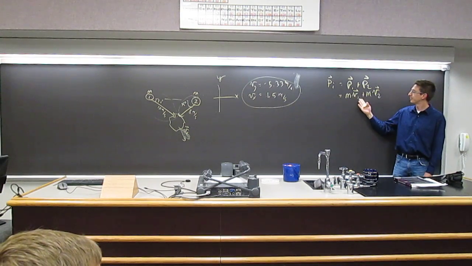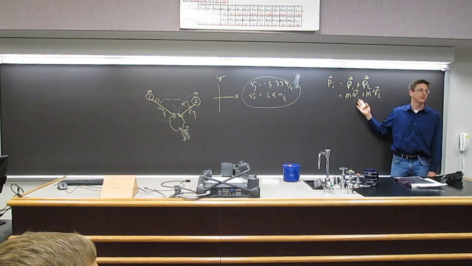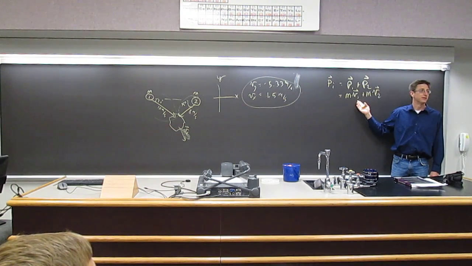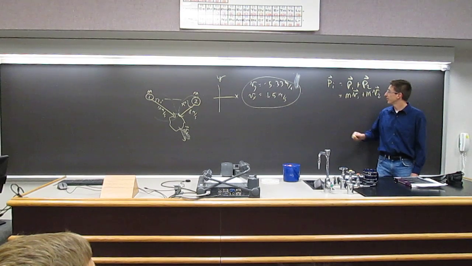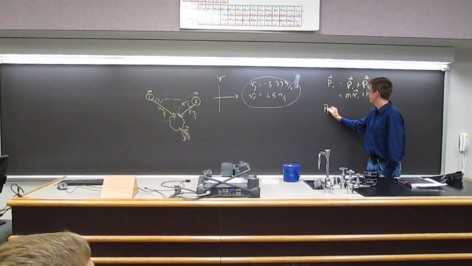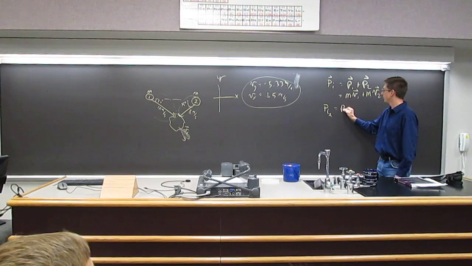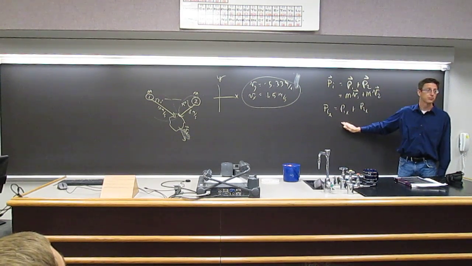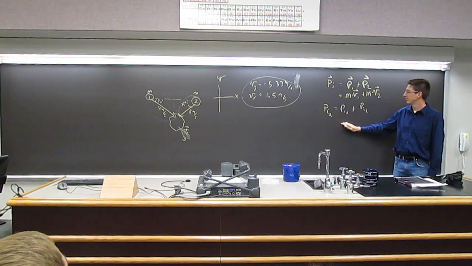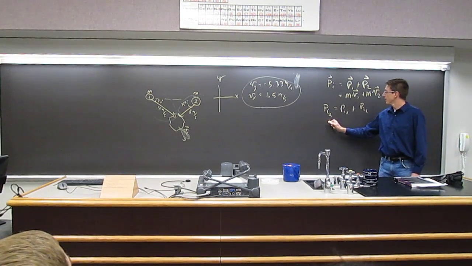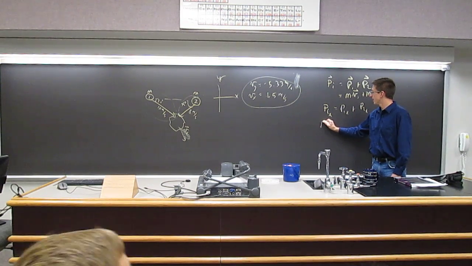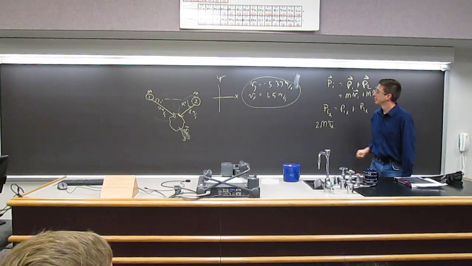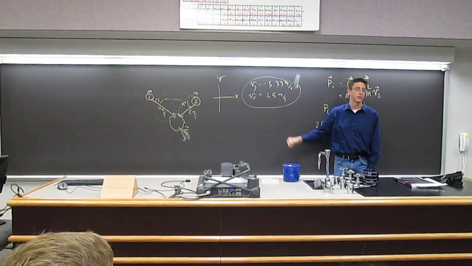Now, I think in this one it'll probably be easier to just do x and y components separately. What do you think? So that's what we'll do. We'll do the x component of the momentum equation.